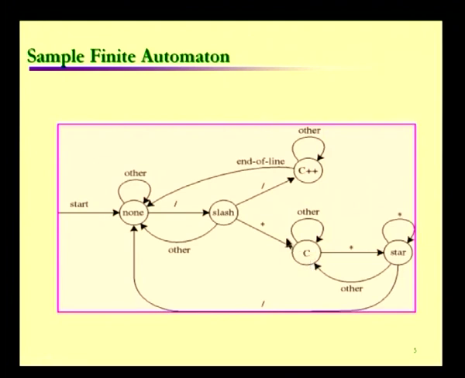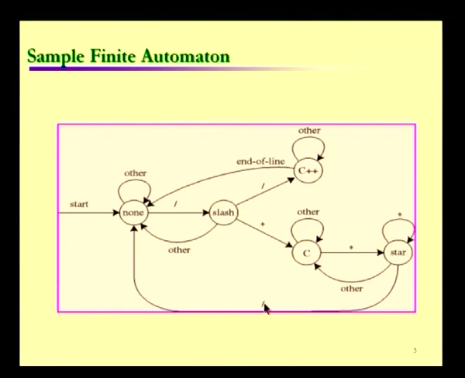We know C++ program comments start with two continuous slashes, followed by whatever is there, which will be considered a comment in C++. And in a C program, we want a slash followed by an asterisk, then anything whatever it is, and finally it should end with an asterisk followed by a slash.